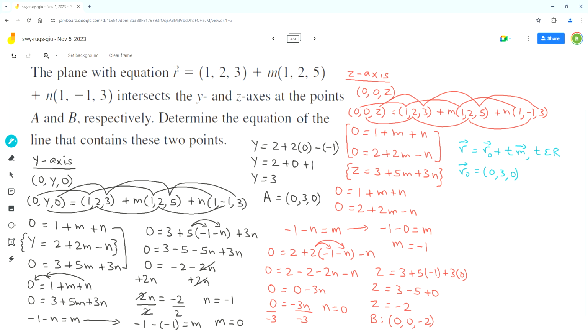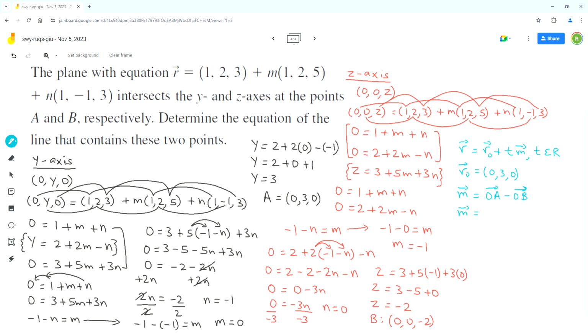Next, we have to find the direction vector of the line. For that, we can subtract position vectors of any two known points that lie on this line. So I will use points A and B. We can also do OB minus OA, but I am doing OA minus OB.